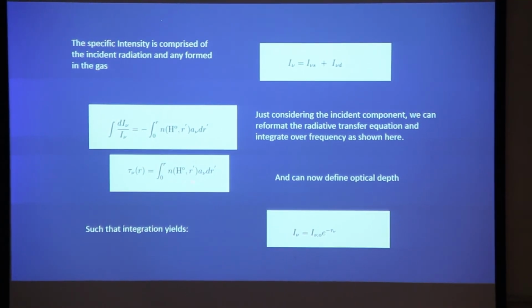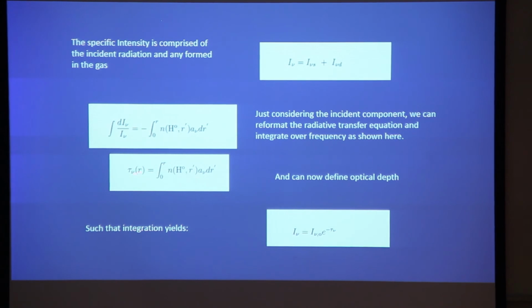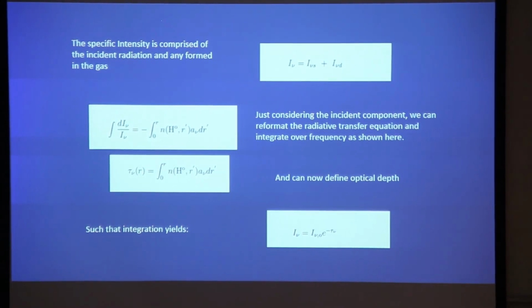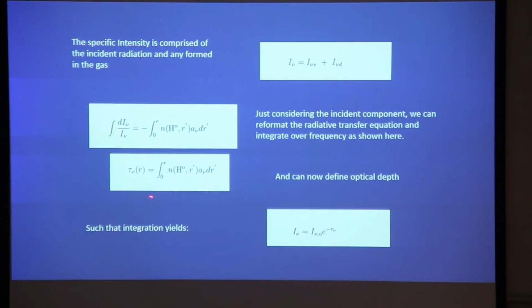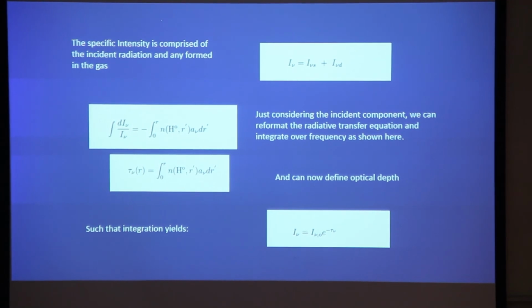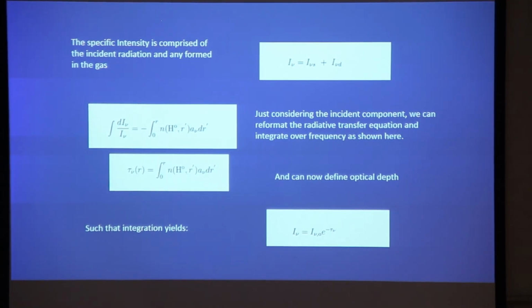You can look at what the dimensions of tau are. It's dimensionless, it's just a number, because you've got a number density and a cross-section, so you've got 1 over length and you're integrating over length. So it's a dimensionless parameter that you can use.